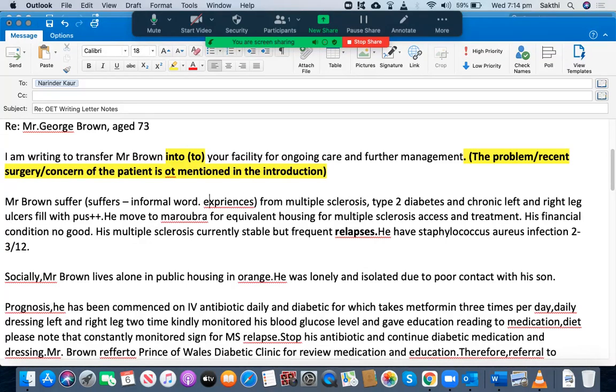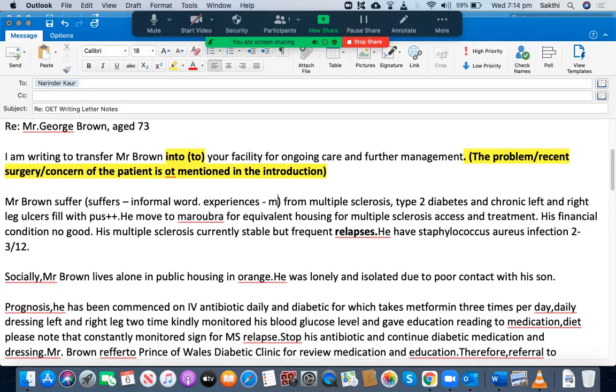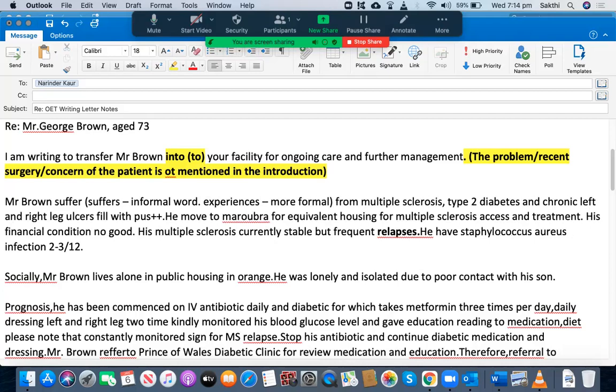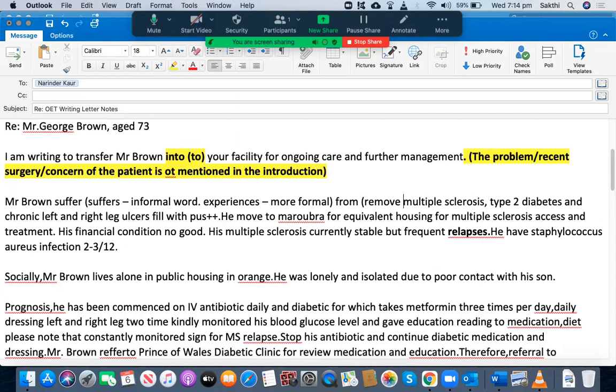So instead of writing this, you can use experiences. Okay, so he experiences, and then from can be removed. Remove this.